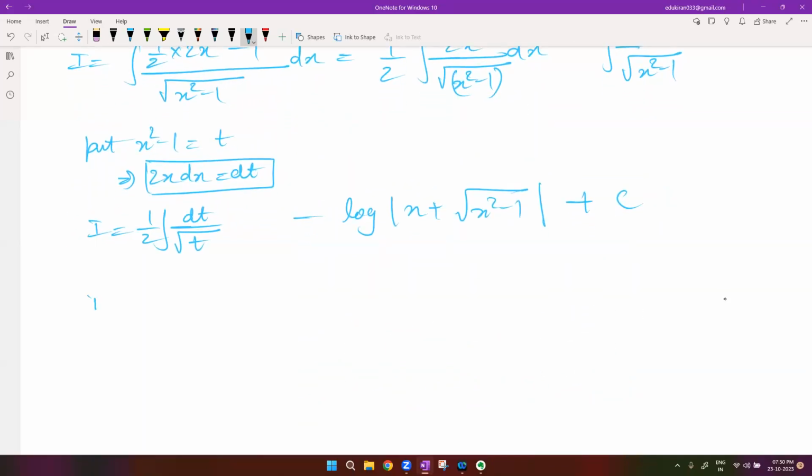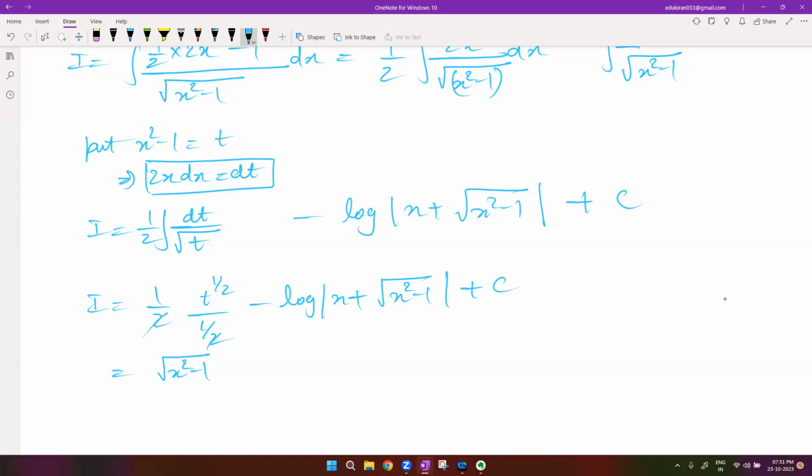And this will be I is equal to 1 by 2. This will be t to the power minus half, so t to the power half, divided by half. This 2 will get cancelled out. And you will get the final answer, where t is nothing but x square minus 1.